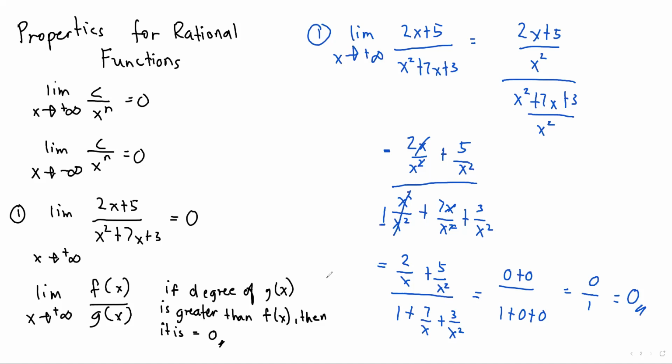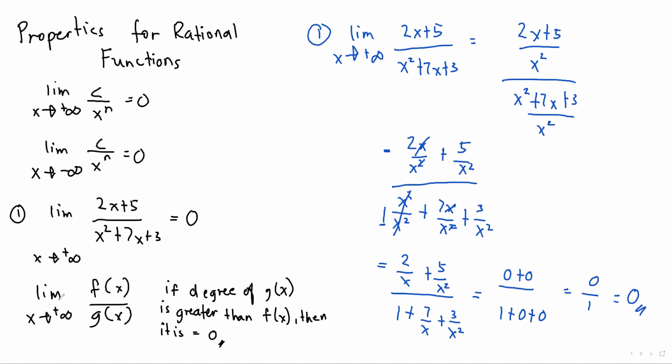So, yan yung explanation bakit naging ganyan. Okay? Yan yung checker natin. Bakit ko nasabi na if degree of g of x is greater than f of x, then it is equal to 0? Okay? So, ayan yung explanation ng property number 1 natin.